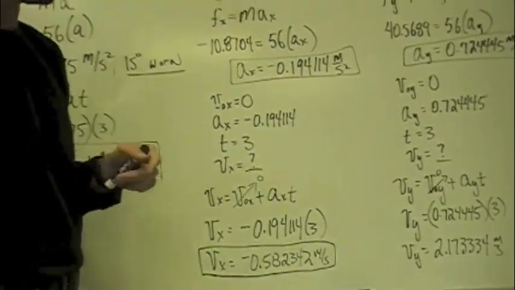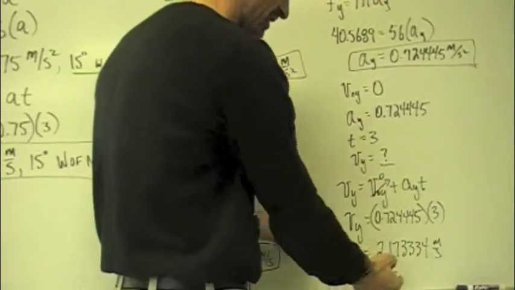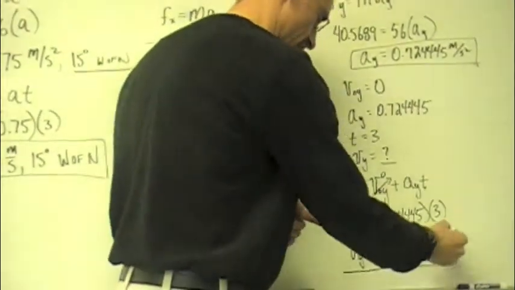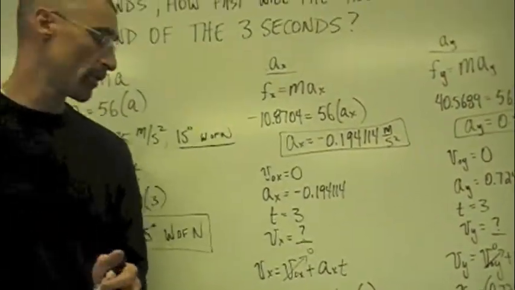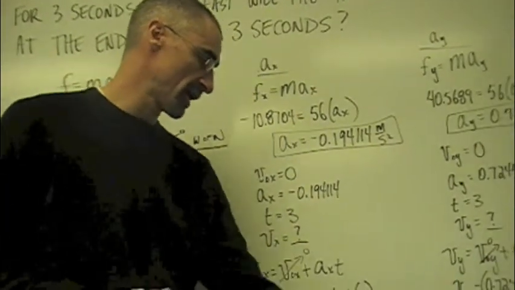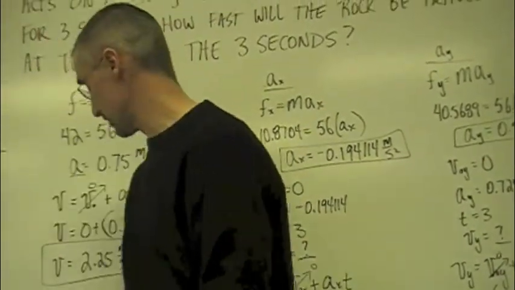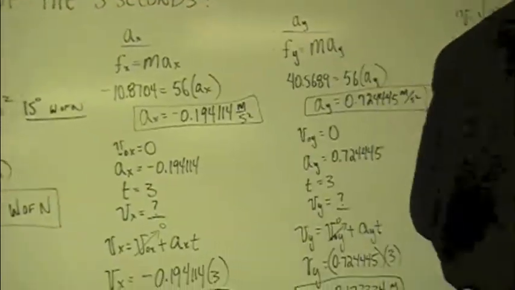Okay? If we come over here, same exact formulas. We're going to find the velocity in the y direction at the end of the 3 seconds. Okay. Now, hopefully, if we put those together in the Pythagorean theorem, we should come up with the same magnitude of 2.25. So let's check that out really quickly.